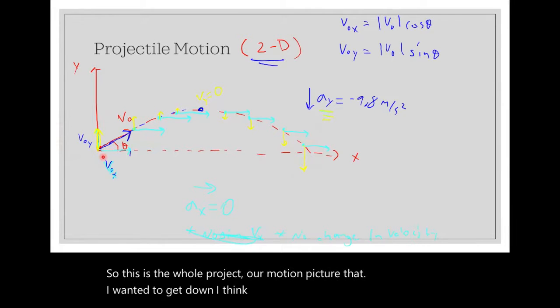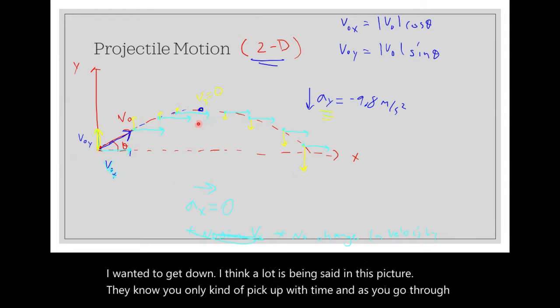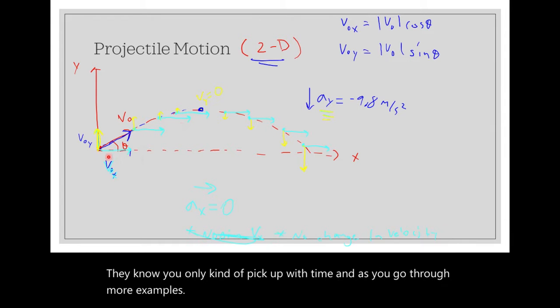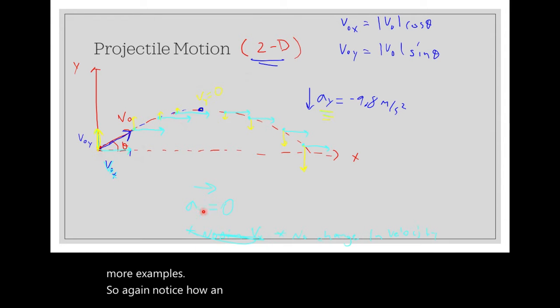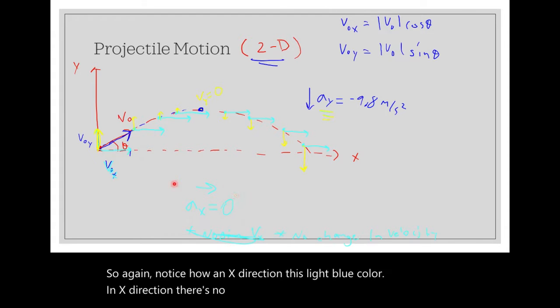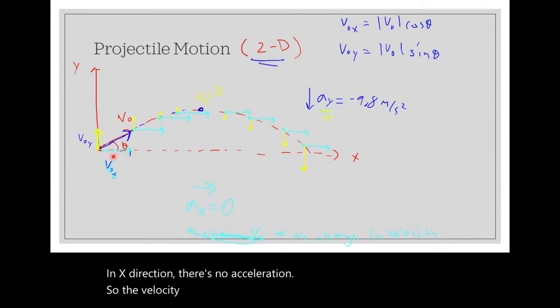I think a lot is being said in this picture that you only kind of pick up with time and as you go through more examples. So again, notice how in the x direction, it's light blue color. In the x direction there's no acceleration, so the velocity vector for the x direction is constant. It's just going at a constant velocity in the x direction.